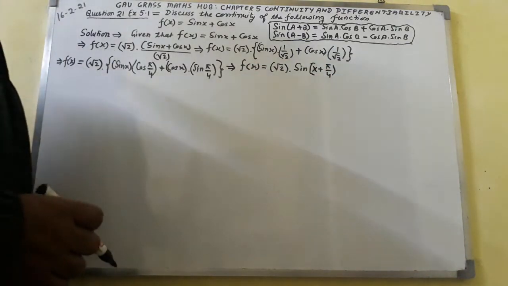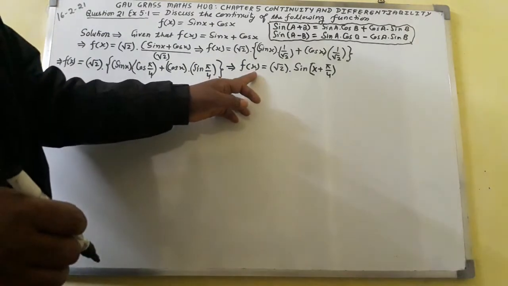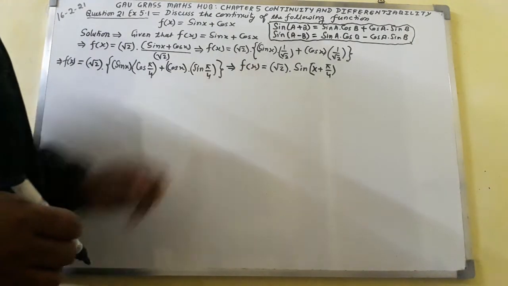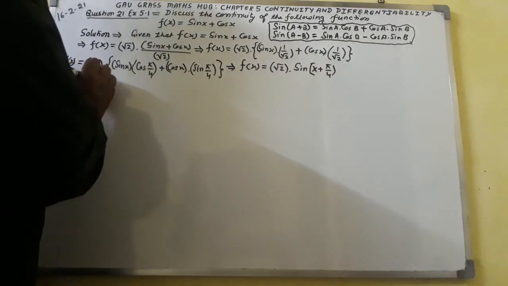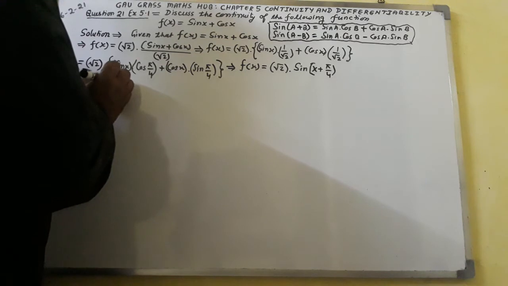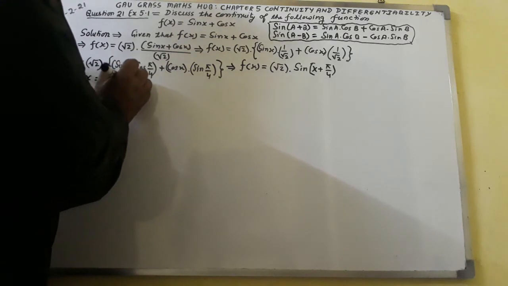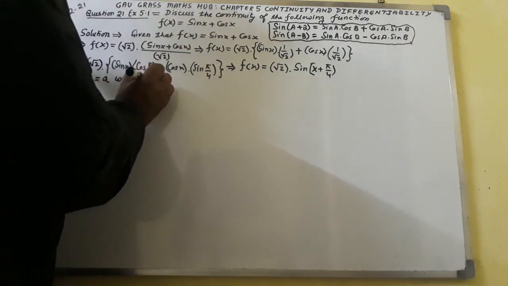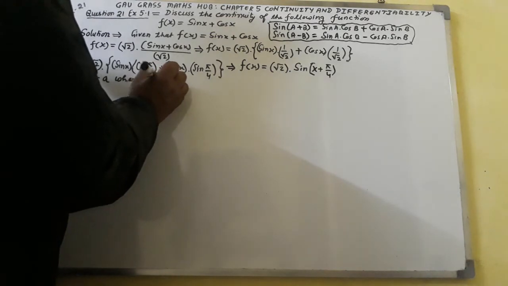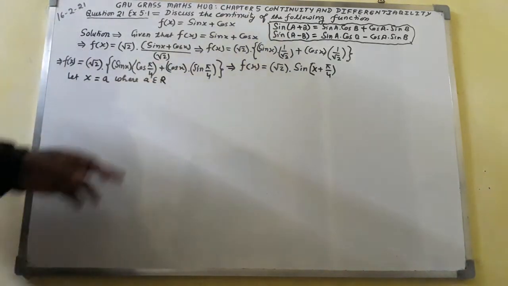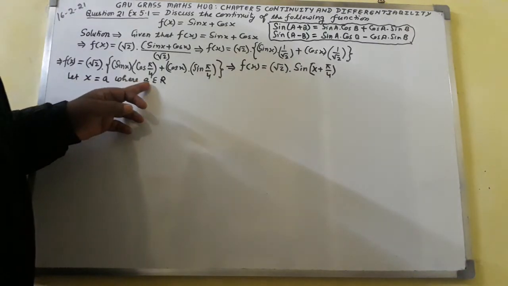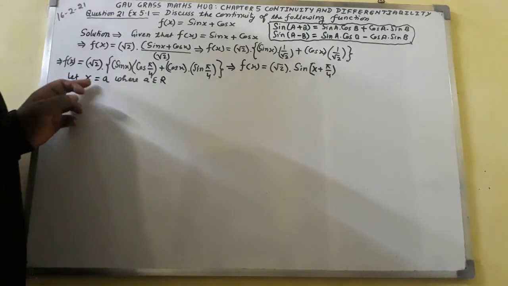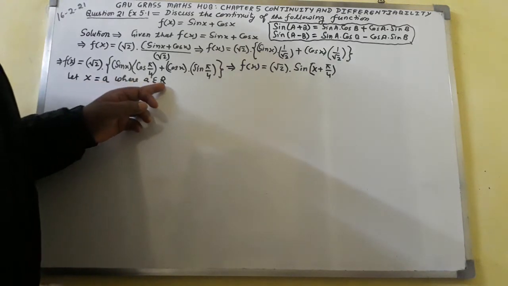Now what will we do next? Here x is a variable, so let x equal to a, where a belongs to the set of real numbers.